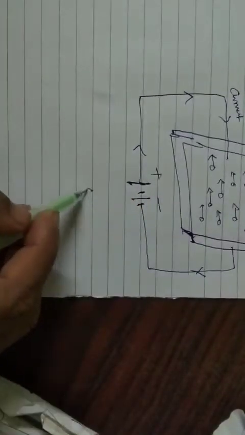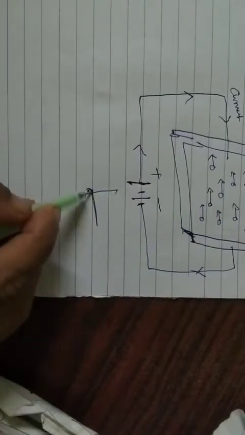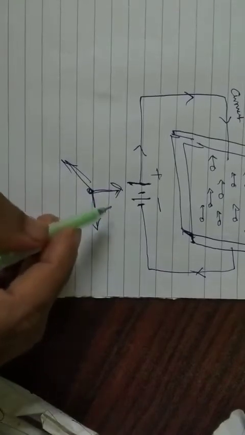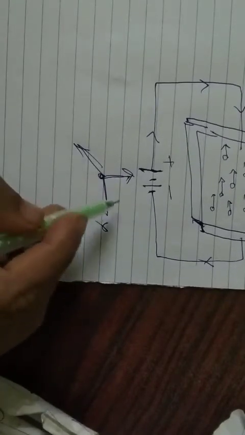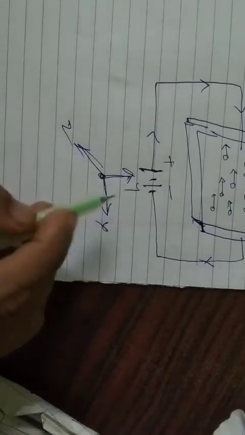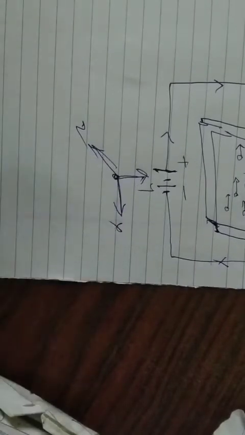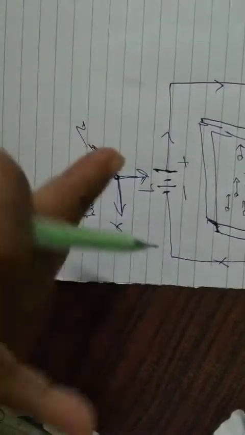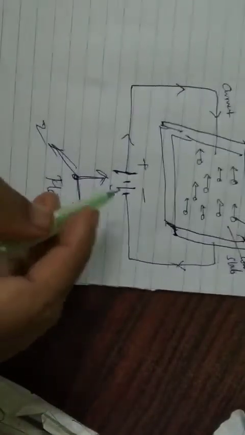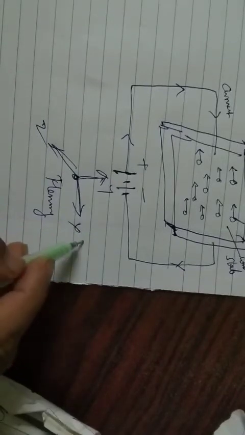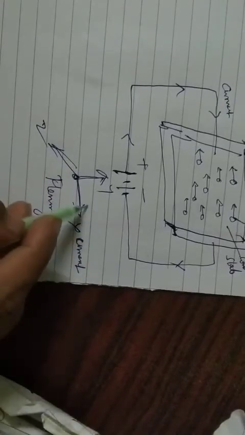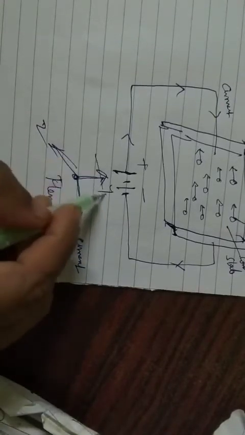Here the direction is very important. Keep the X, Y, Z directions like this. Like Fleming's right hand rule, you make the current flow in this direction and apply the magnetic field in this direction.